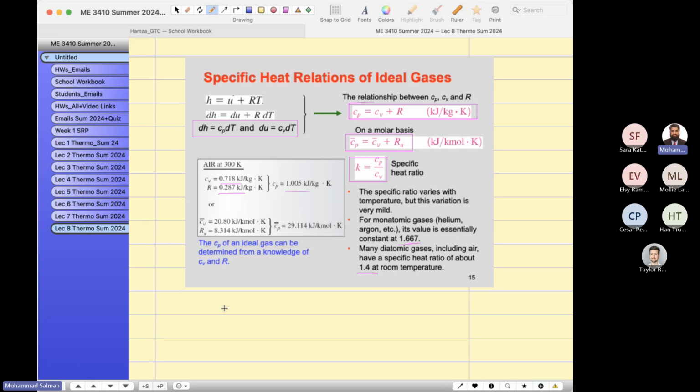I can show you here. This is the R value. R comes from the difference of those two specific heats. So R of air.